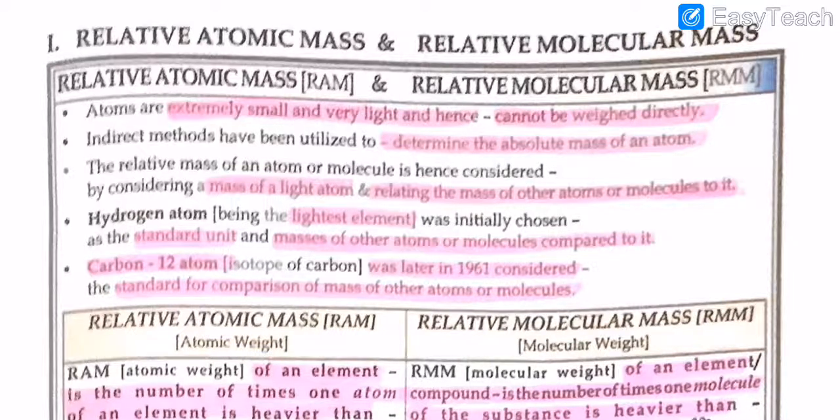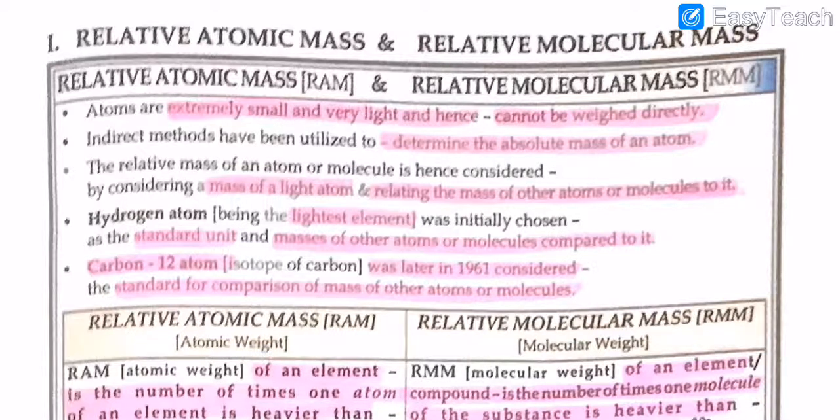RAM, the atomic weight of an atom, is the number of times one atom of an element is heavier than 1/12 the mass of one atom of carbon. The relative atomic mass of an element expressed in grams is known as gram atomic mass or gram atom of that element.